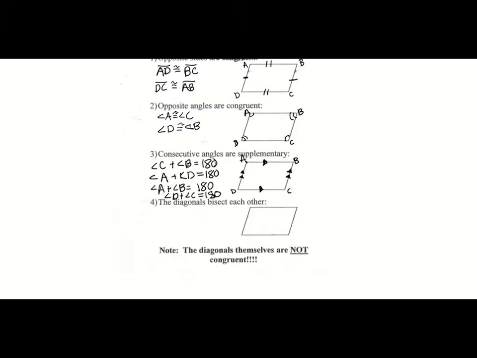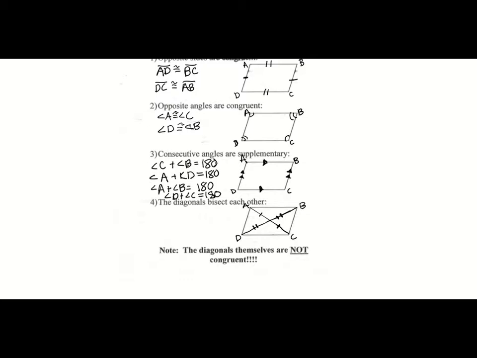And then our last fact about parallelograms is that the diagonals bisect each other. So if we look at this diagonal here, and this diagonal here, got A, B, C, and D. If our diagonals bisect each other, that means this side and this side are going to be congruent, and this side and this side are going to be congruent in our parallelogram.